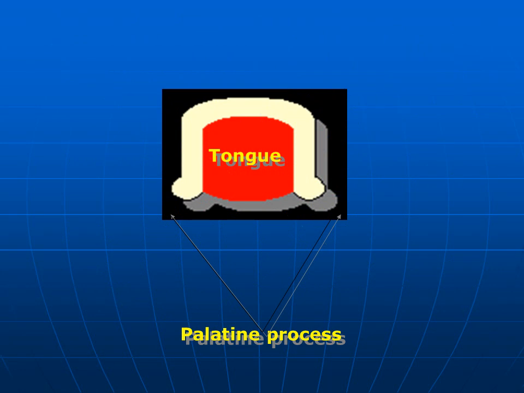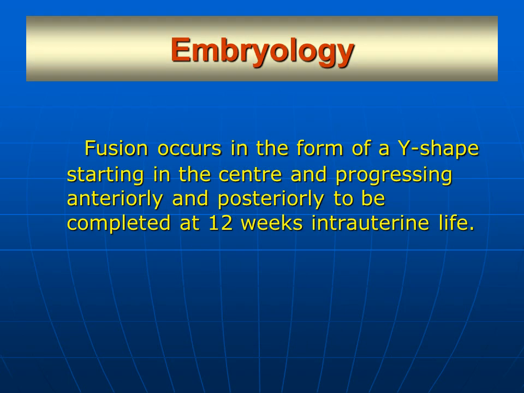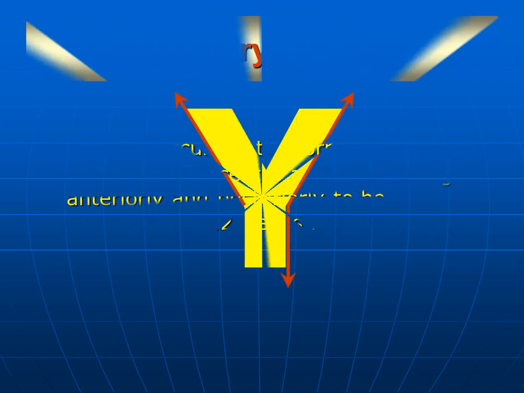The two lateral parts represent the palatine processes. After dropping of the tongue, these palatine processes change their position from vertical to horizontal. Then fusion occurs in the form of a Y shape, starting in the center and progressing anteriorly and posteriorly, to be completed at 12 weeks of intrauterine life.